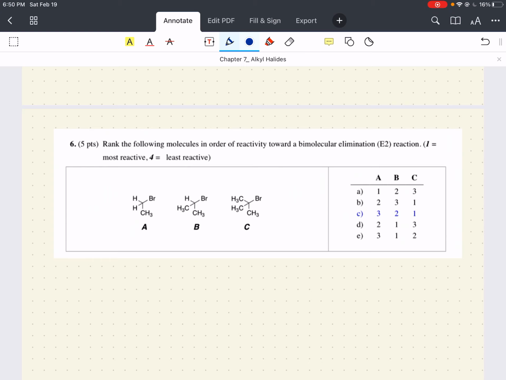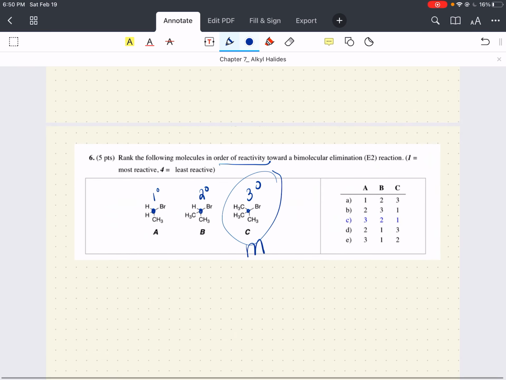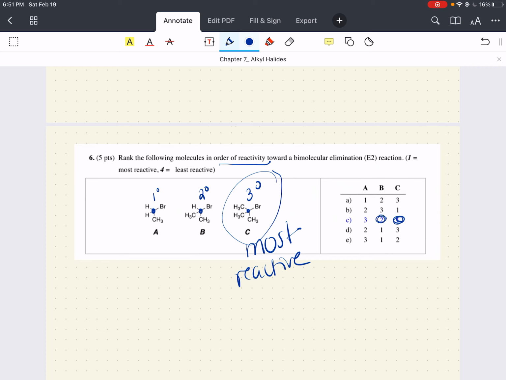All right, so this alpha carbon is primary, this alpha carbon is secondary, and this alpha carbon is tertiary. The order of reactivity is: your most substituted alpha carbon, the tertiary, is going to be most reactive. So C is the most reactive, then secondary, which is B, second most reactive, and then A is your least reactive.